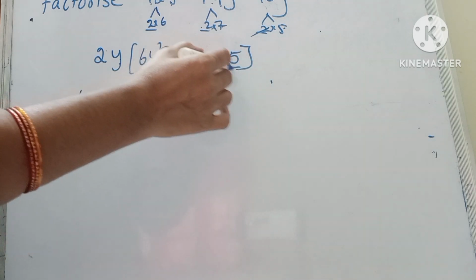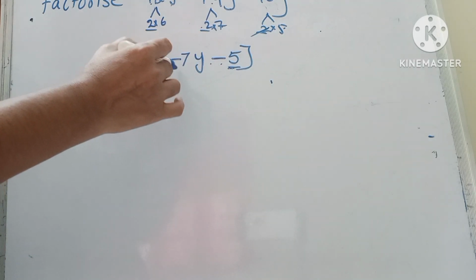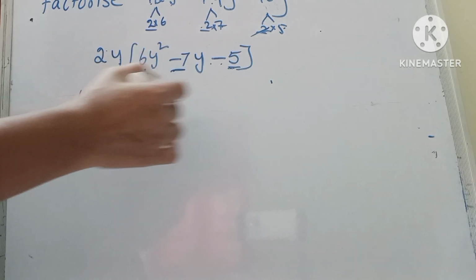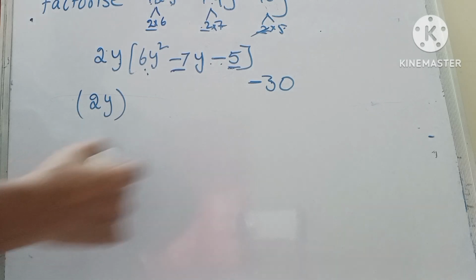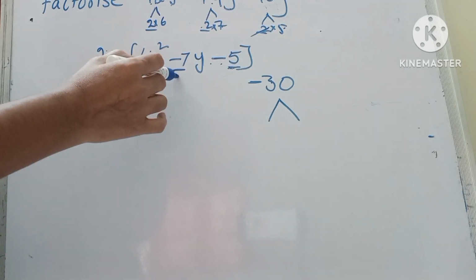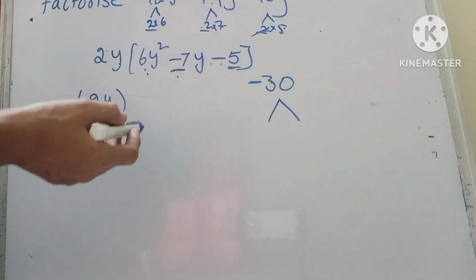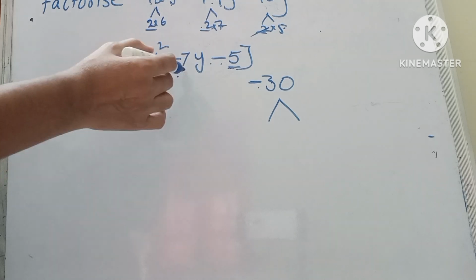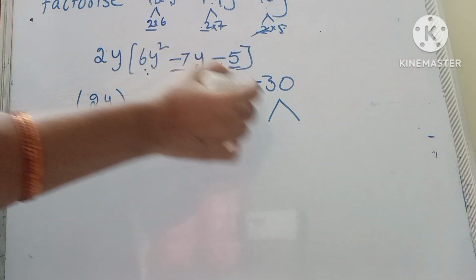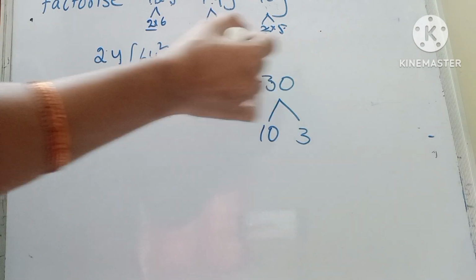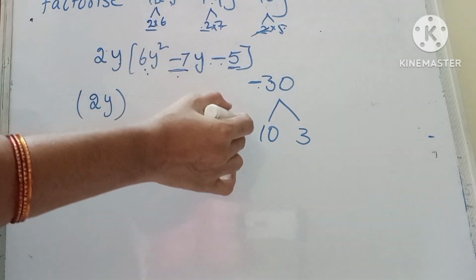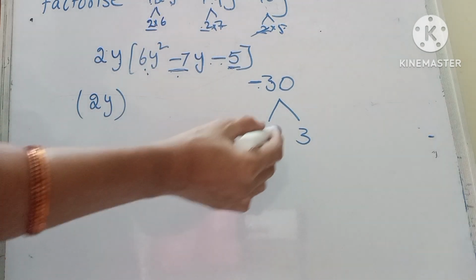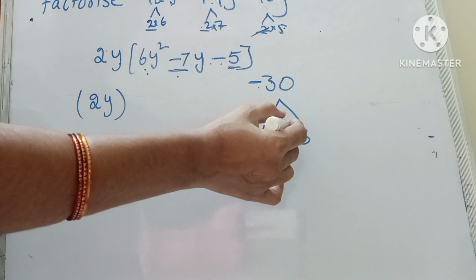We have to take two multiples whose product is equal to a times c, and sum is equal to b. So 6 5s are 30, this is minus 30. So minus 30 factors, the sum should be negative 7. If we take factors, the product is negative 30 and the sum is negative 7. 10 and 3, 10 3s are 30. If the middle term is negative, we have to take the greatest factor as negative, and the smallest factor is positive.